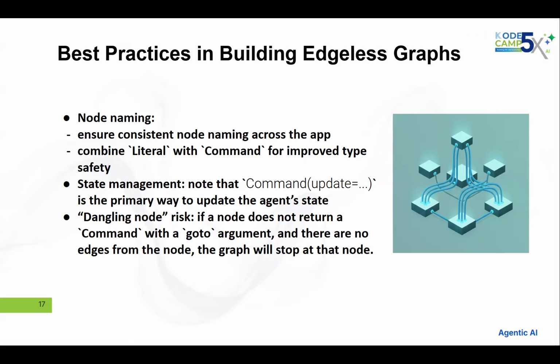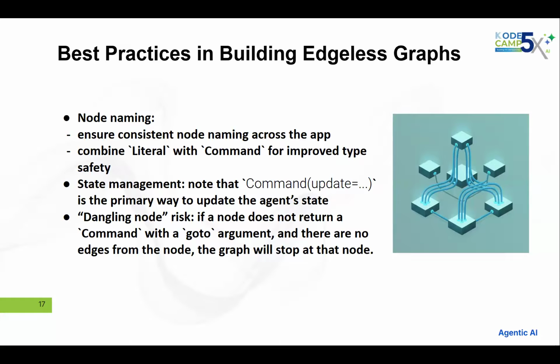In this case, every command object must include a goto argument, because without a goto, there is no edge. It's the goto that forms an edge because it specifies the next node in the execution path.